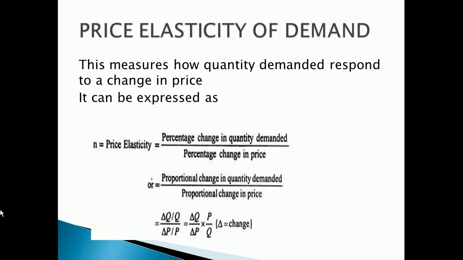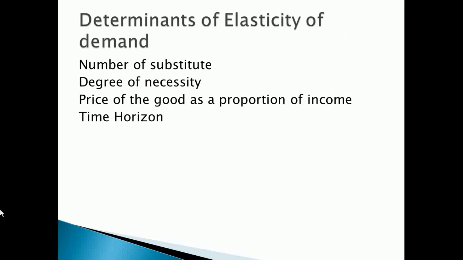Let's look at this example together. A 20% change in quantity demanded is as a result of 25% change in price. Price elasticity of demand coefficient can easily be calculated as percentage change in quantity demanded, which is 20%, over percentage change in price, which is 25%.